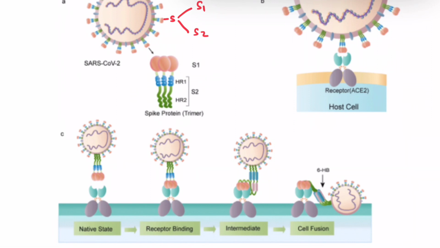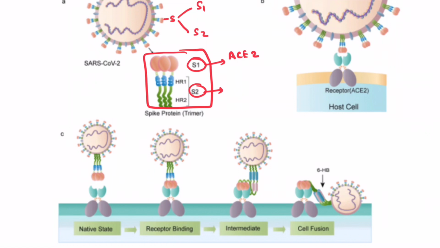This is the structure of the spike protein with the S1 and S2 subunits. S1 helps in binding with the host receptor, which is the ACE2 receptor, and S2 helps in binding the complete virus with the host cell.